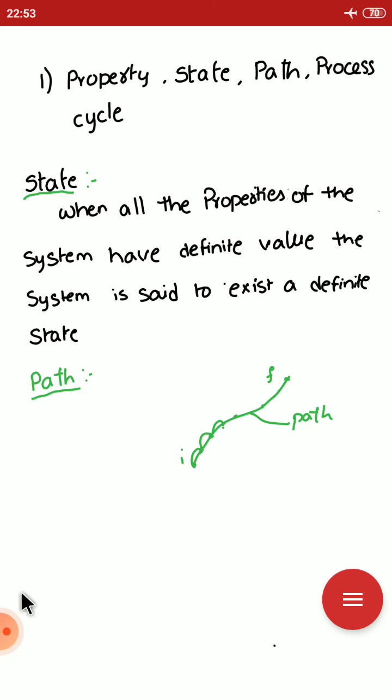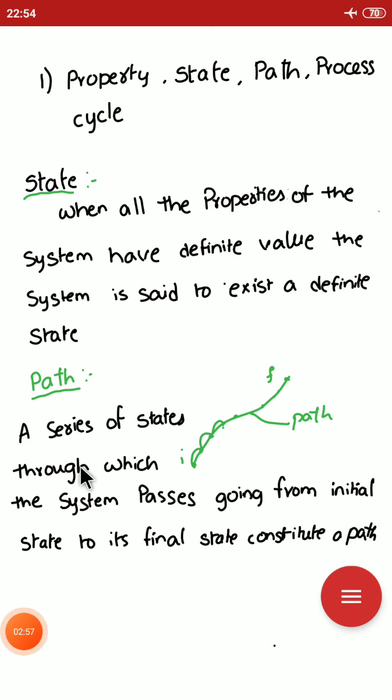Okay, I will write the definition. This is the definition of the path. A series of states through which the system passes from one initial state to the final state constitutes a path. Okay, next definition is the process. When the path is completely specified, the change of state is the process. When the system changes from one state to another state, this change of state is known as the process.